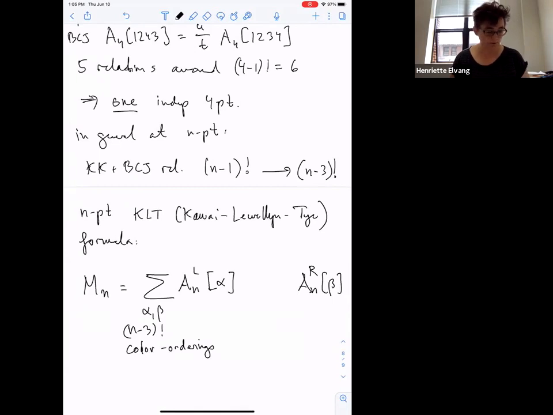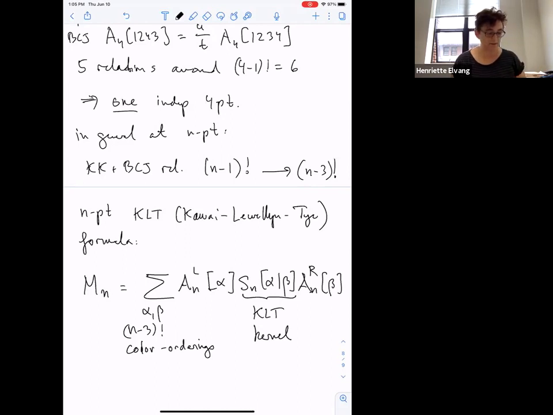Those are both summed over, with something that we call the KLT kernel, which you can think of as an (n minus 3) factorial by (n minus 3) factorial matrix with both indices of the color ordering.